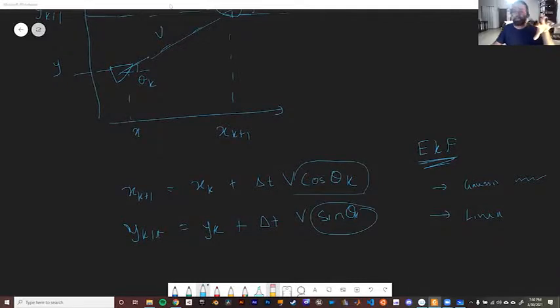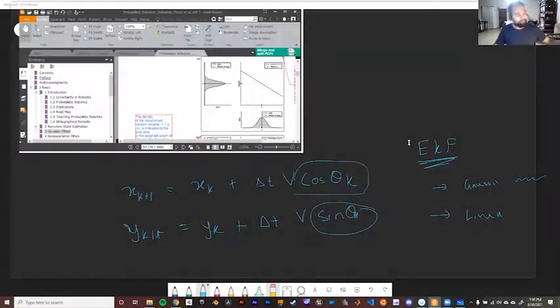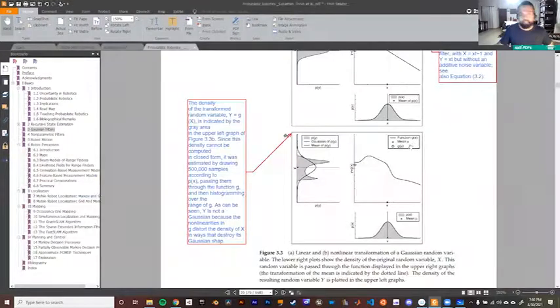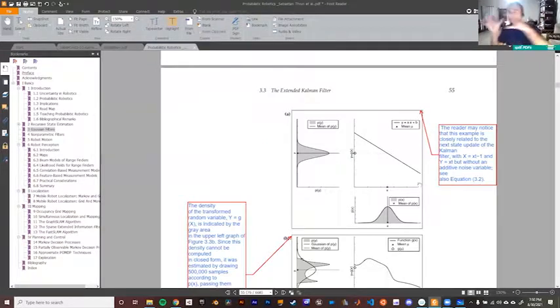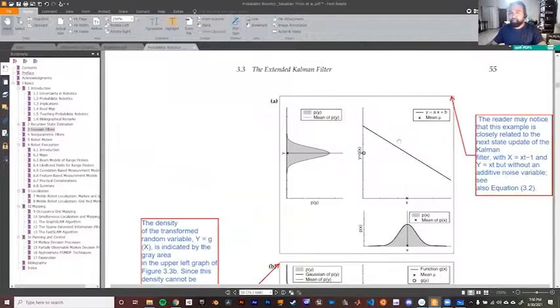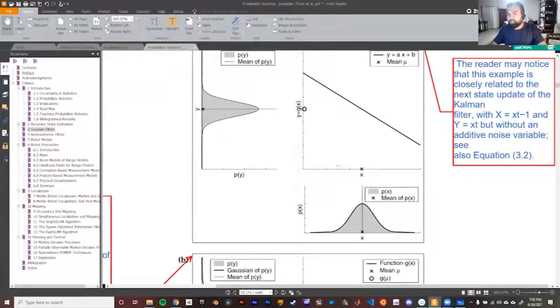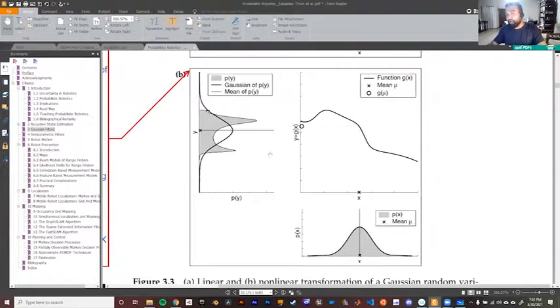The reason non-linearity is a problem is because if you look at what those motion models and observation models do, they map your xk into xk plus 1 or your xk into the observations. So if it was a nice linear graph like this, your initial thing will nicely get mapped from a Gaussian to a Gaussian. But if it's a non-linear graph like this, your Gaussian will become non-Gaussian.